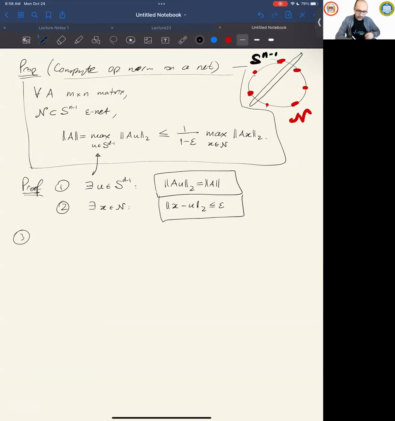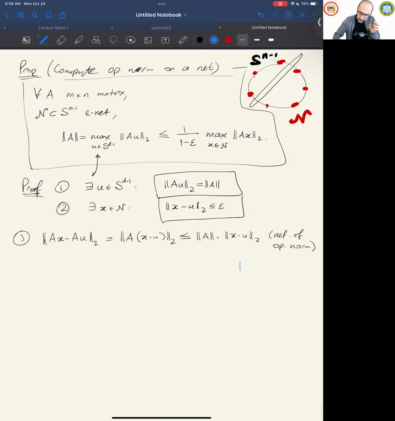And third, now we try to bound the difference between AX and AU. Okay, let's do it. This is A applied to X minus U by linearity. Then we use the operator norm. This is the definition of operator norm. So remember this, right?